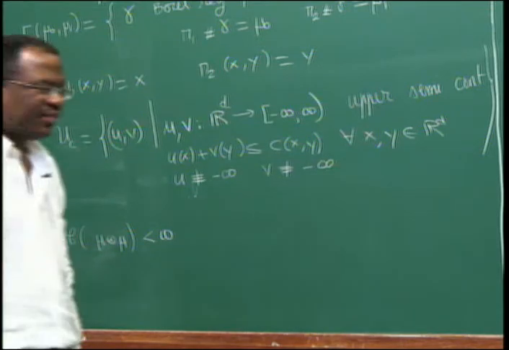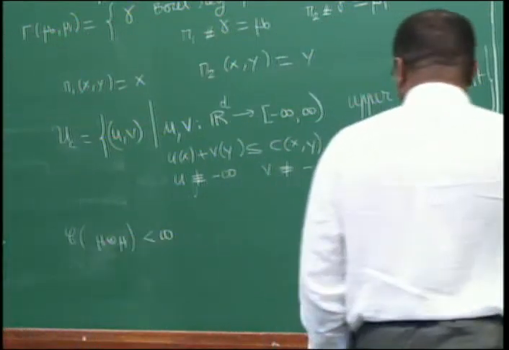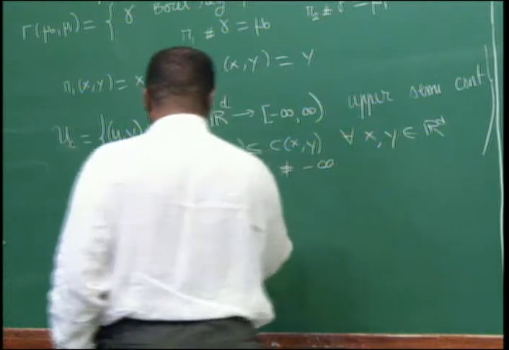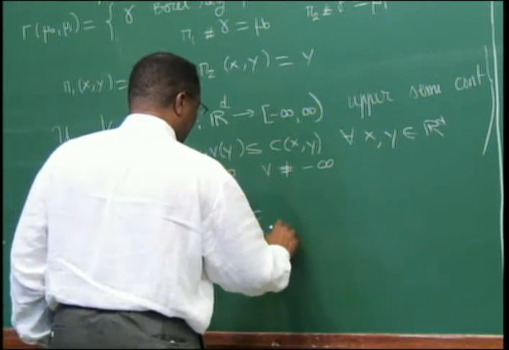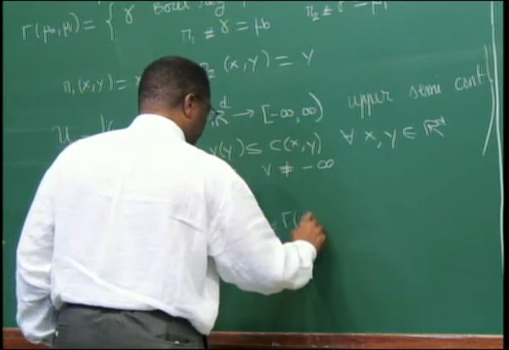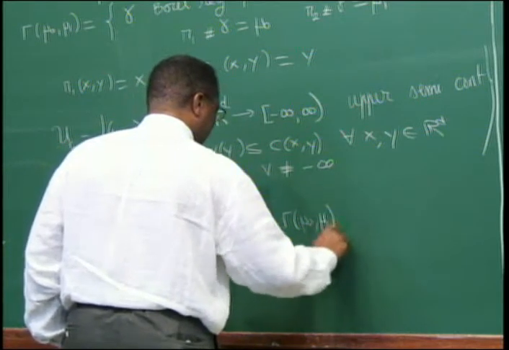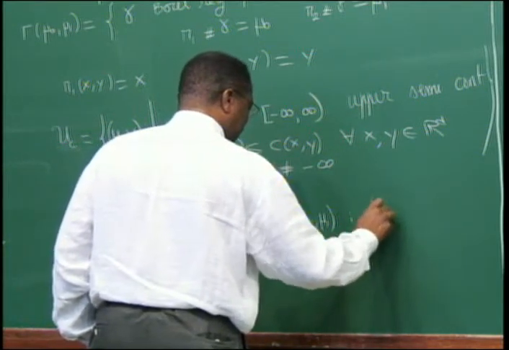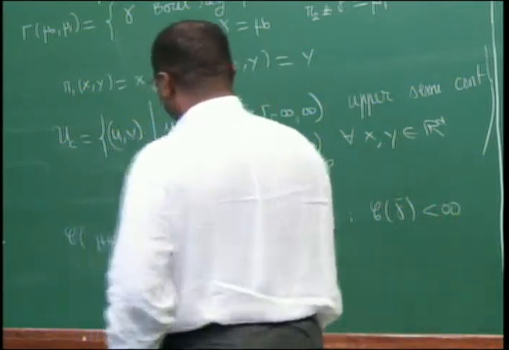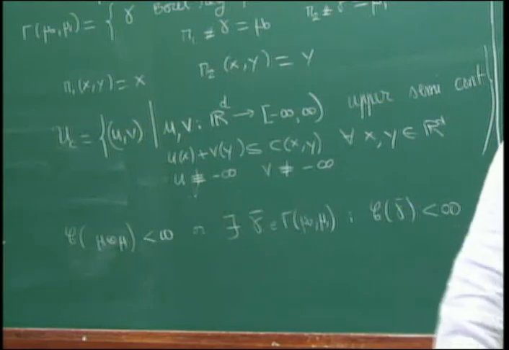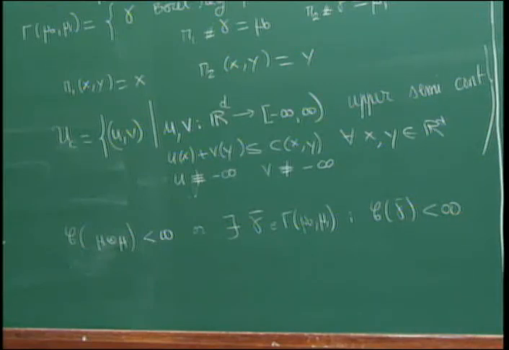Or we can replace that by a stronger assumption: there exists gamma bar, which has mu naught mu 1 as marginals, such that C of gamma bar is less than infinity. There I took gamma bar equal to mu naught cross mu 1.